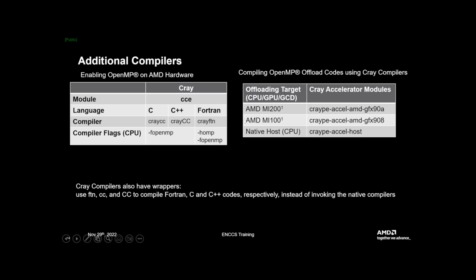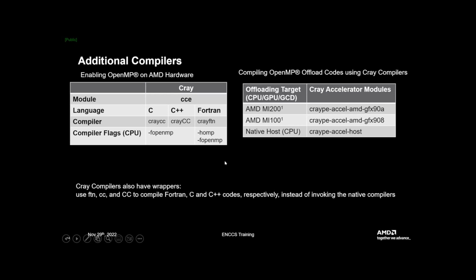In addition, to make the code run on AMD MI200, you need to load an additional module from Cray: craype-accel-amd-gfx90a to run your code on MI200, or craype-accel-amd-gfx908 to run on AMD MI100.